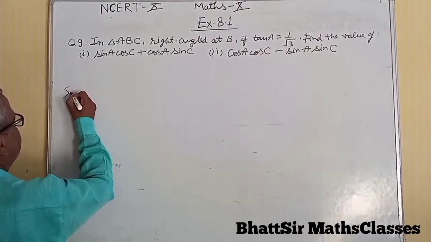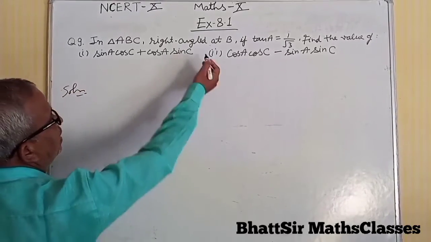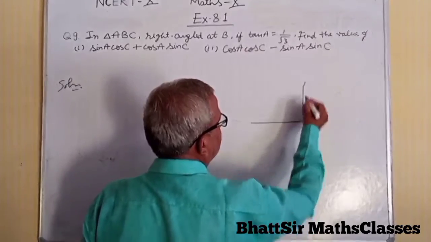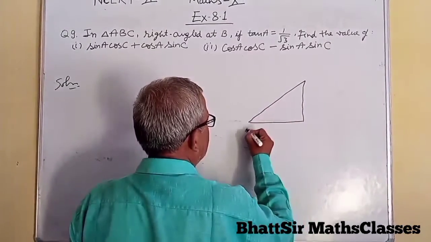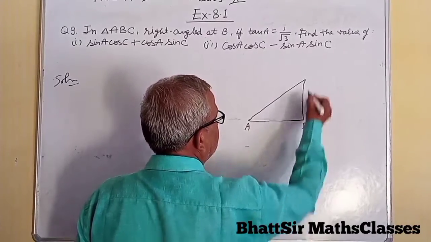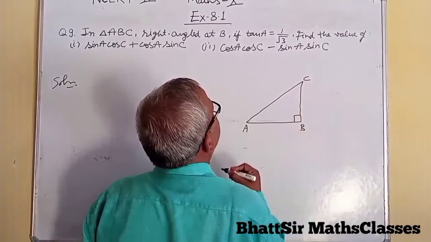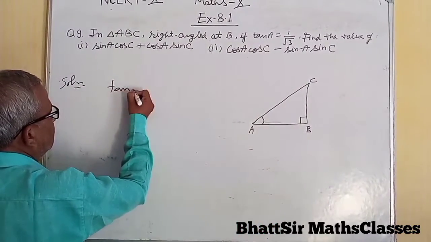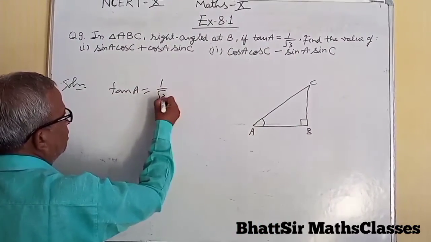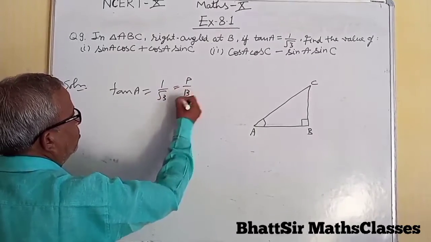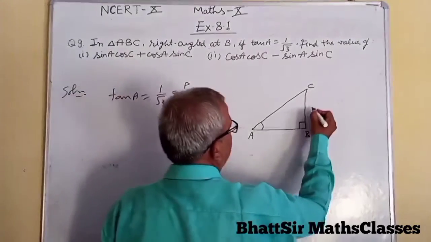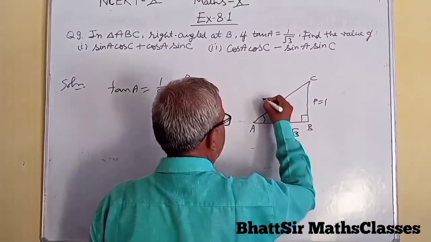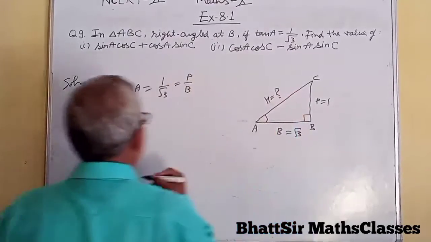I am giving a solution. In triangle ABC, right angle at B, make a right angle triangle A, B, C, it has a 90 degree. Tan A equal to 1 upon under root 3. It means perpendicular over base. It means perpendicular is 1 and base is under root 3.